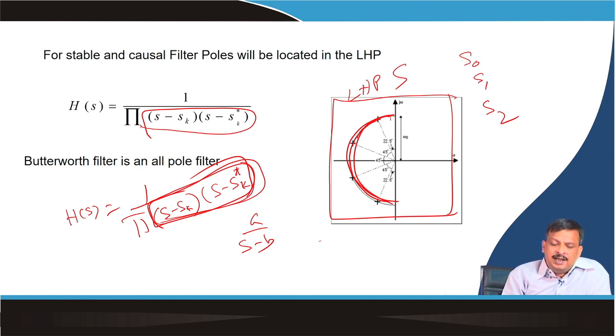So when I say a real filter with order n equal to 4, there will be two complex conjugate pairs.